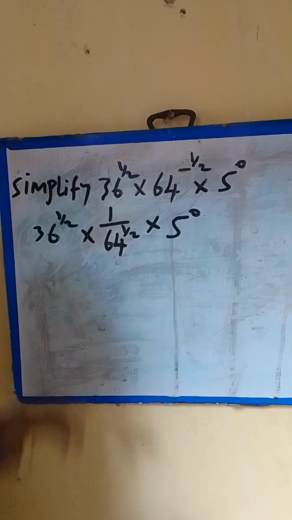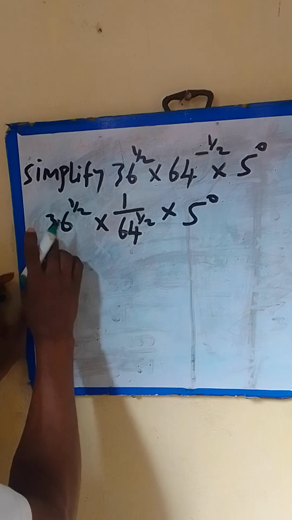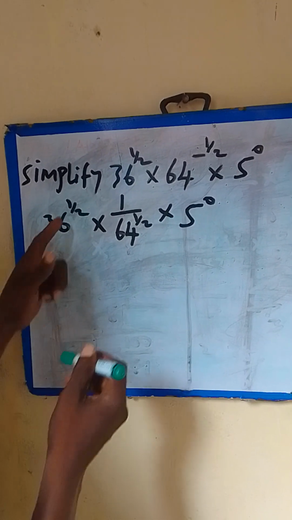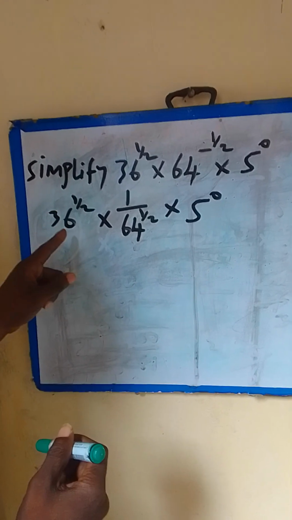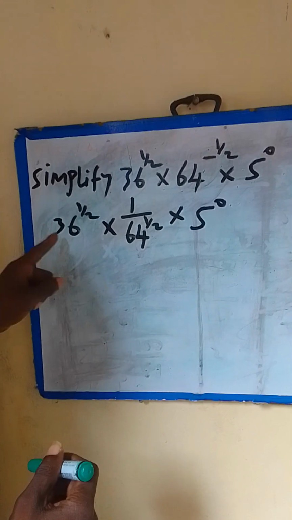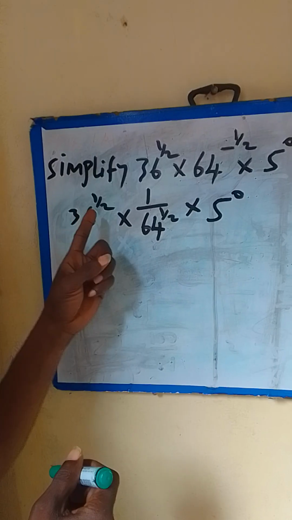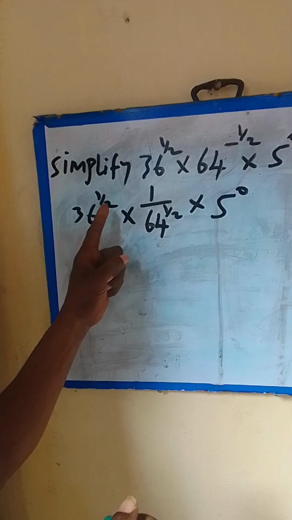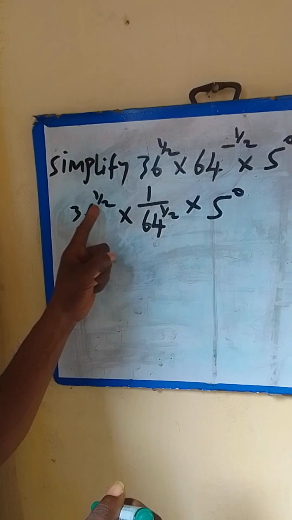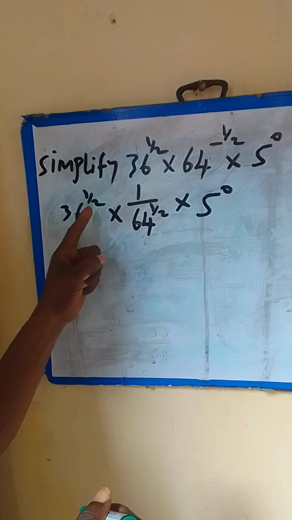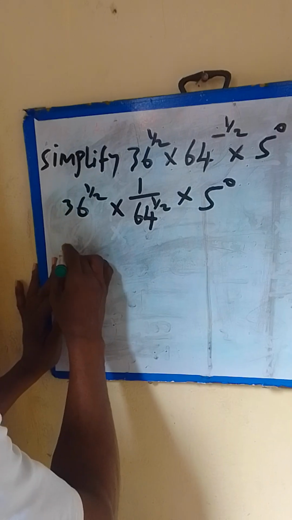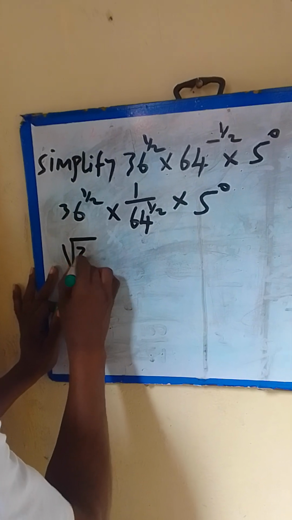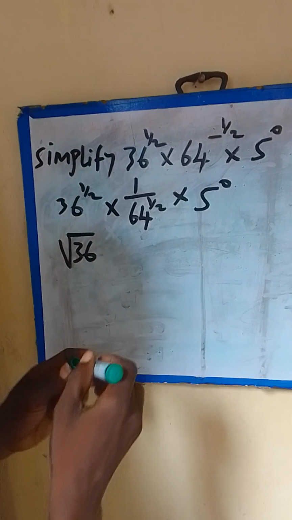So this means 36 raised to power 1 over 2 means you look for the square root of 36. And the root of 36 depends on the denominator of the power, and the denominator of the power here is 2. So you are going to have the square root of 36.